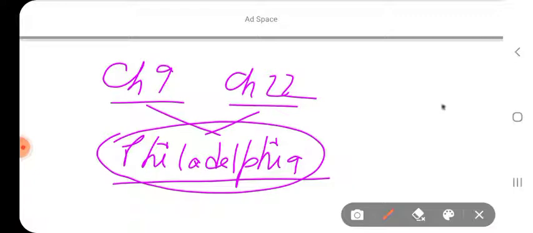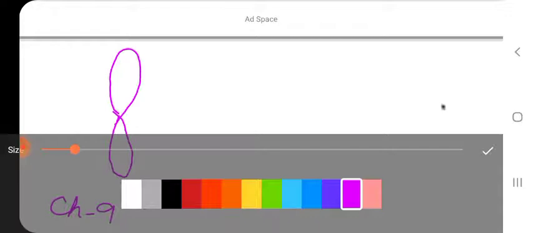Now Philadelphia is the name of a place where this type of chromosome was actually discovered. Normally, if I show you the picture of chromosome number 9, suppose this is chromosome number 9 and this is your chromosome number 22.